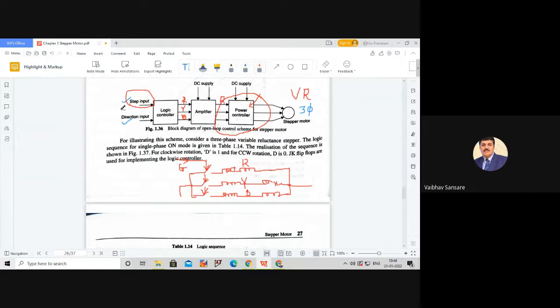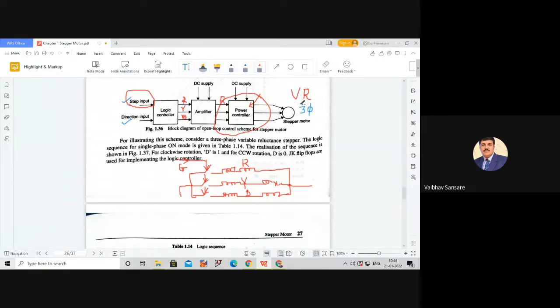Whereas in closed loop control, the logic sequence which is generated by the logic controller depends upon the inputs provided to the logic controller as well as the actual position of the rotor after the first step.